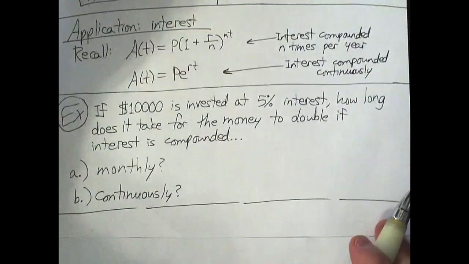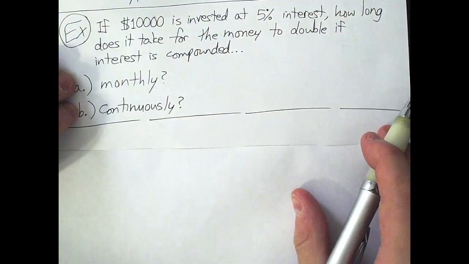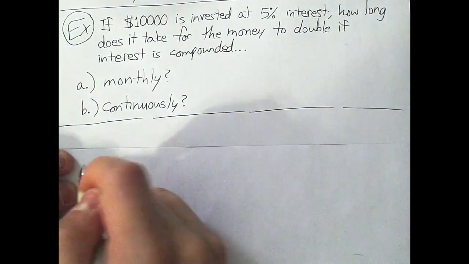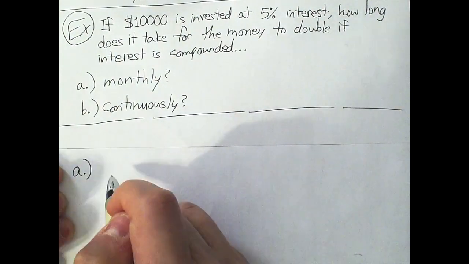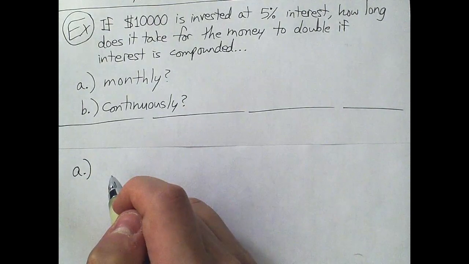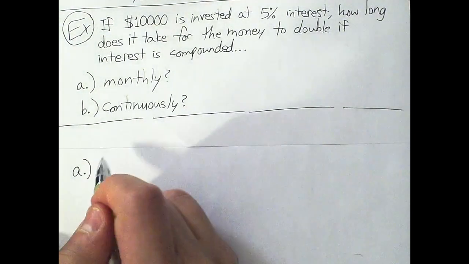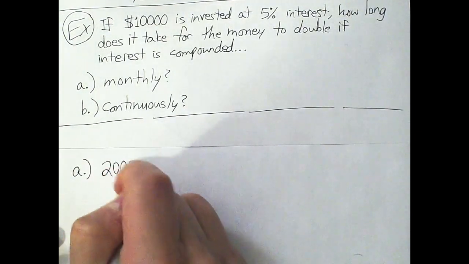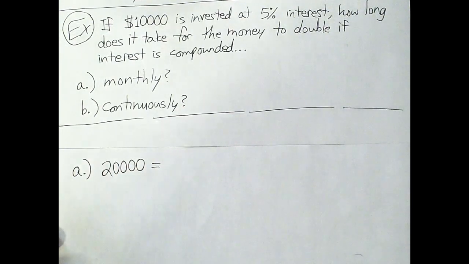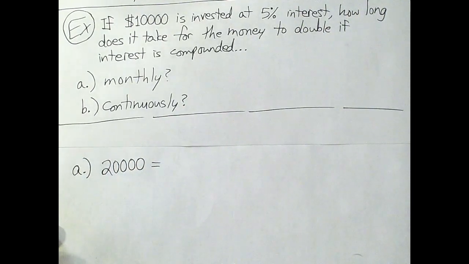Let's move this up. So part A, if $10,000 is going to double, doesn't that mean there's going to be $20,000? So $20,000, and I'm going to put this into the first interest formula because it said that interest is compounded monthly.